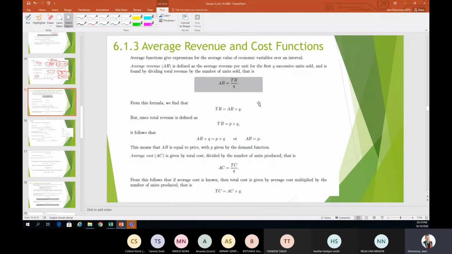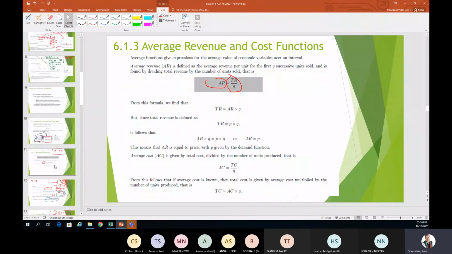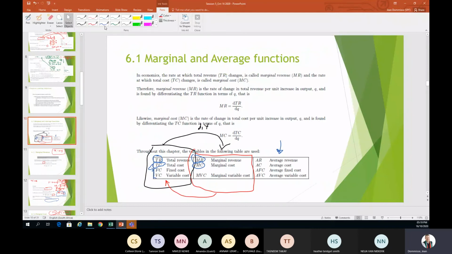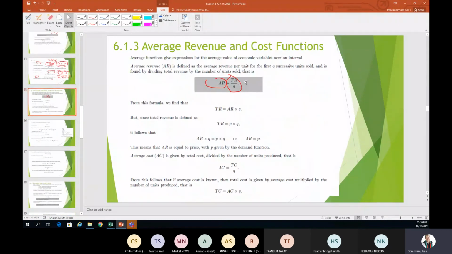So here again, it is in a sense simple, but again, you need to remember what we did in study unit 2 and 3. So average revenue is just your total revenue divided by Q. So again, going back to this diagram, you basically go from there to there. It's not that you are first working out your marginal revenue and then getting the average of that.